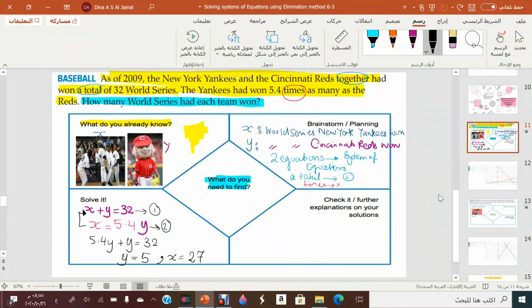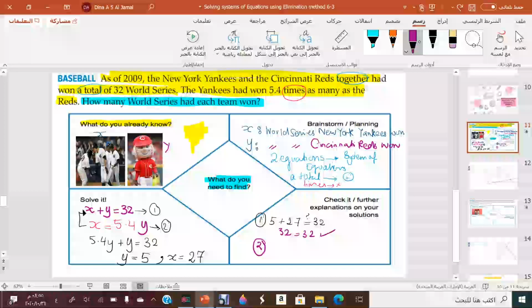Now, how can we check? You have a system of equations and you need to check each of them. So first you need to add your answers. 5 plus 27, is it going to be equal to 32? Yes, it is equal. Done. Now let's see the other. Is it going to be satisfied or not?